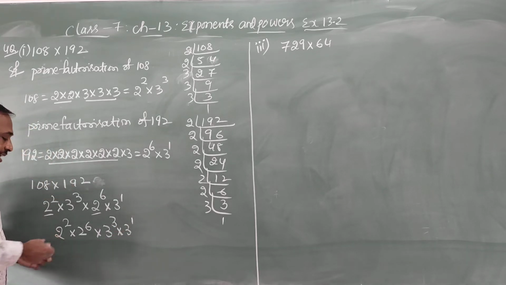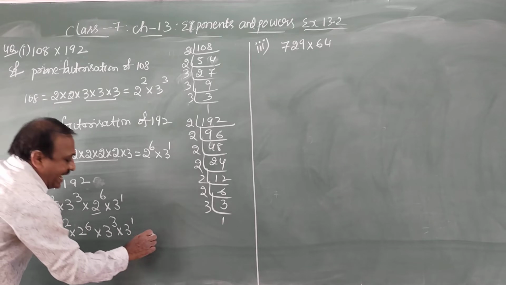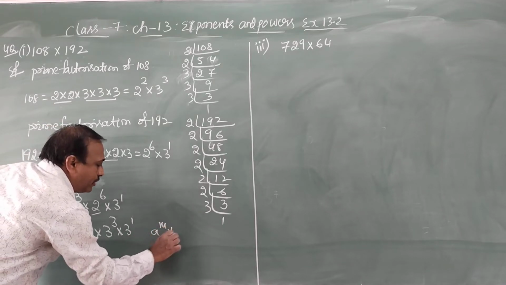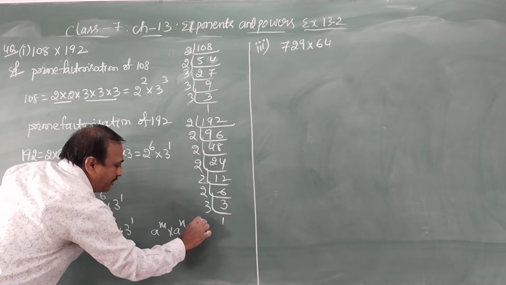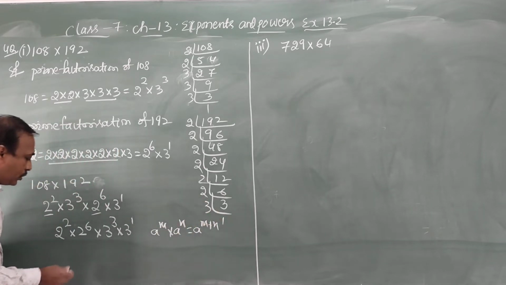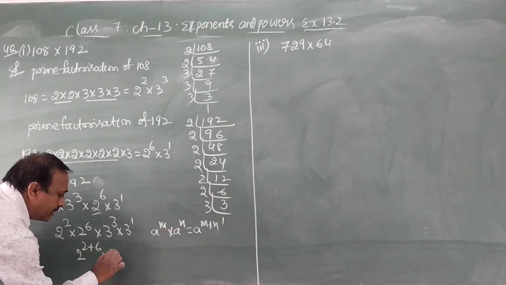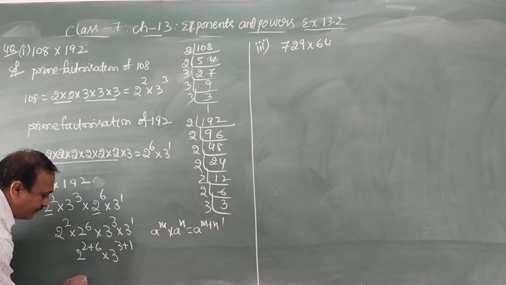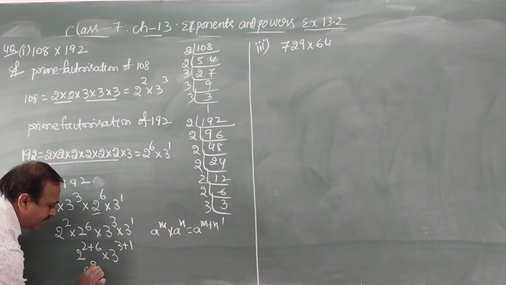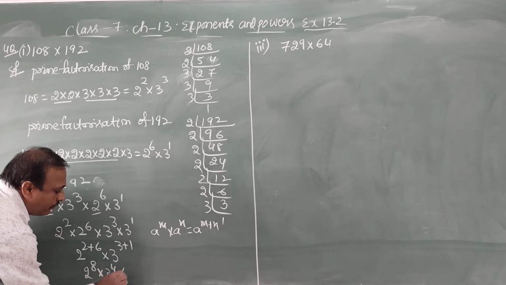Here a to the power m into a to the power n is equal to a to the power m plus n. So 2 to the power 2 plus 6 into 3 to the power 3 plus 1, which is 2 to the power 8 into 3 to the power 4.